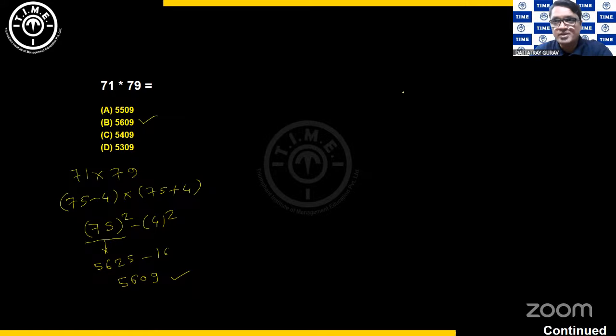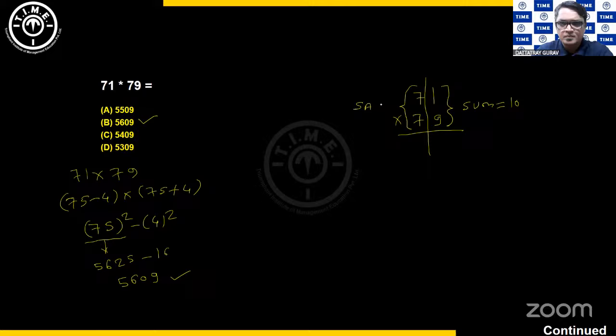Now apply the second method also in the same question: 71 into 79. If you look at the sum of the last digits, it is 10, and the previous numbers are the same. So we can apply the same rule again.